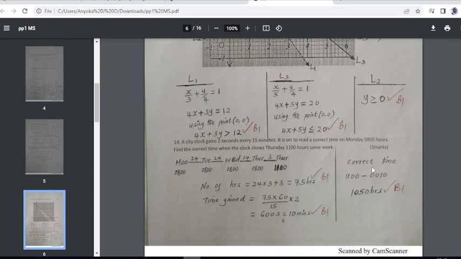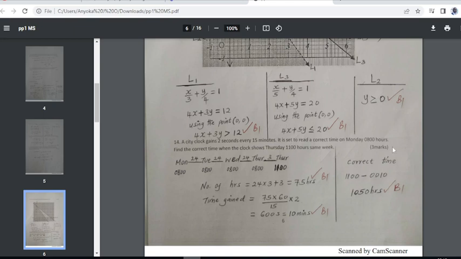It was gaining, so it means the time will be ahead of the exact time. So we are supposed to subtract. If it was losing, we were to add. But now because it is gaining time, the time that it is reading at the moment will be higher than the one that is expected.